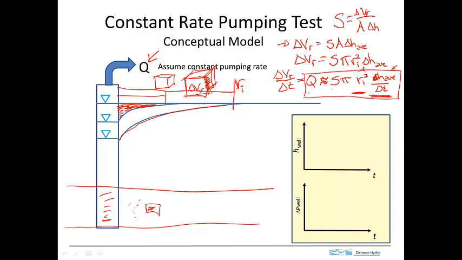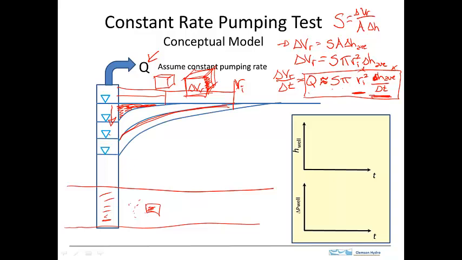What that means is that as we start to pump this well, initially the head drop will be rapid, but then as the radius of influence spreads, the rate at which the average head drop is changing will become less and less. We always will have to have more head drop, so the head will have to continue to drop with time so long as we're removing water from storage, but the rate at which it happens will become less and less.